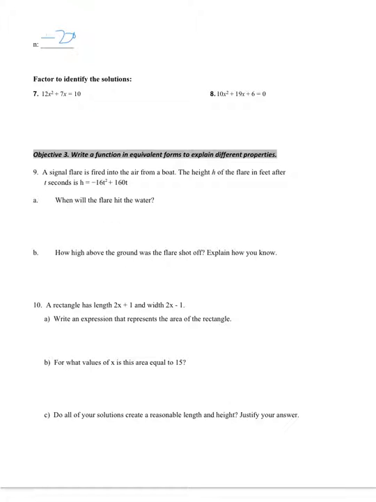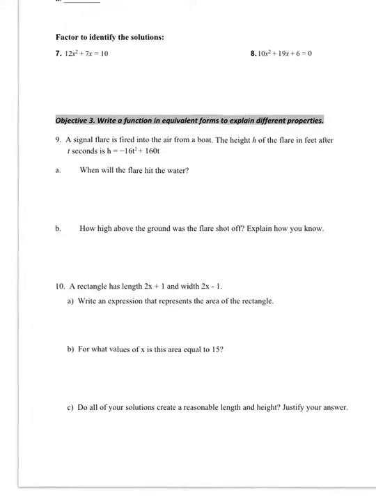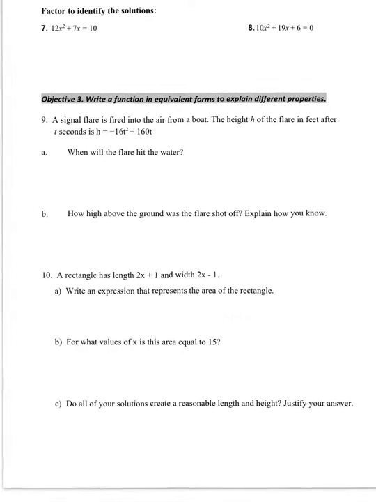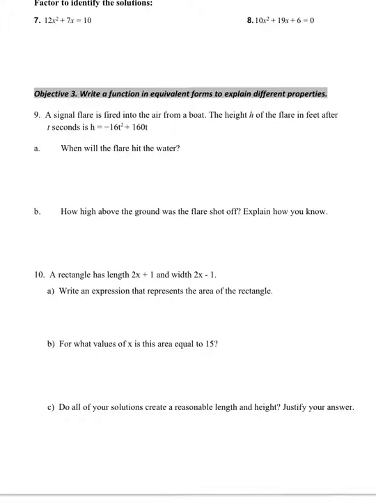Okay. So again, we're factoring. And when we factor to identify solutions, we're setting the equation equal to 0, because when you multiply something by 0, it equals 0. So the way to get to our two solutions is to factor it into spots. So I'll have 12. Here, let me make this a little bit bigger for each question.